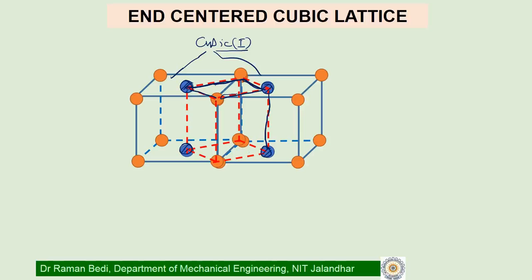If you look at this unit cell carefully, it represents a crystal structure which is already listed under the 14 Bravais lattices. Which one is that? Can you recall that? I hope it is very easy to remember.